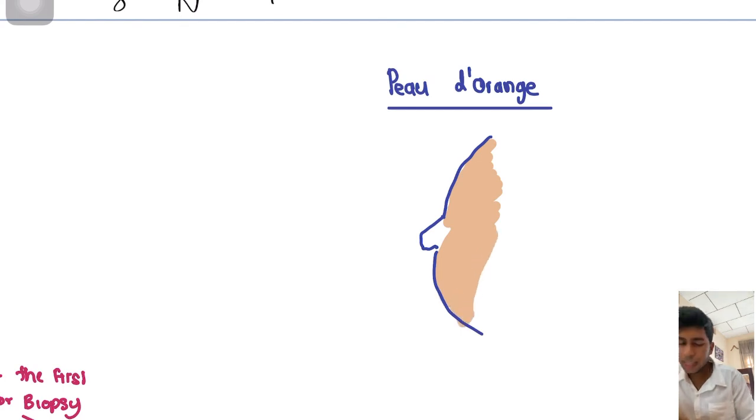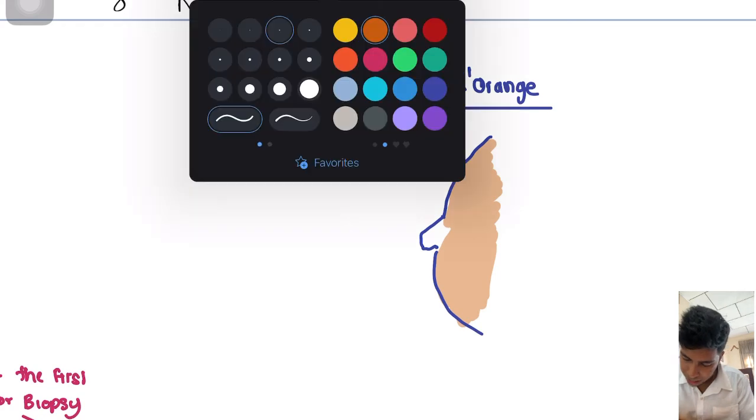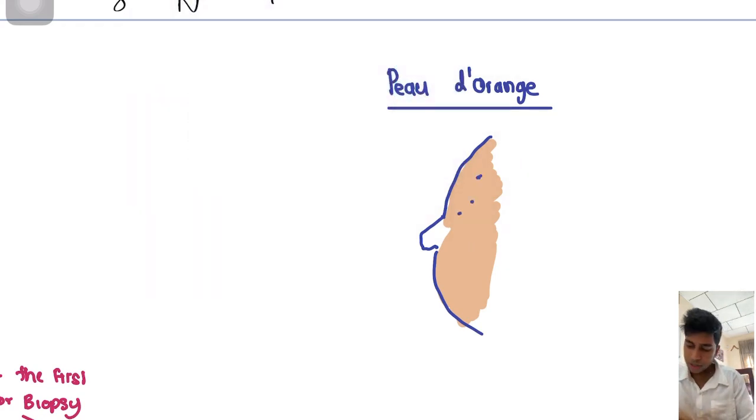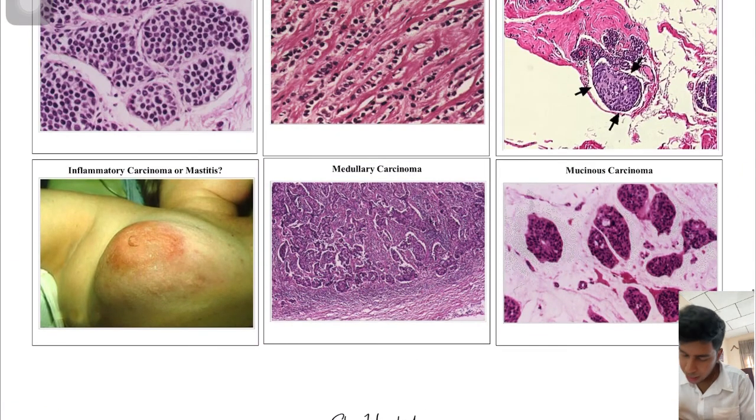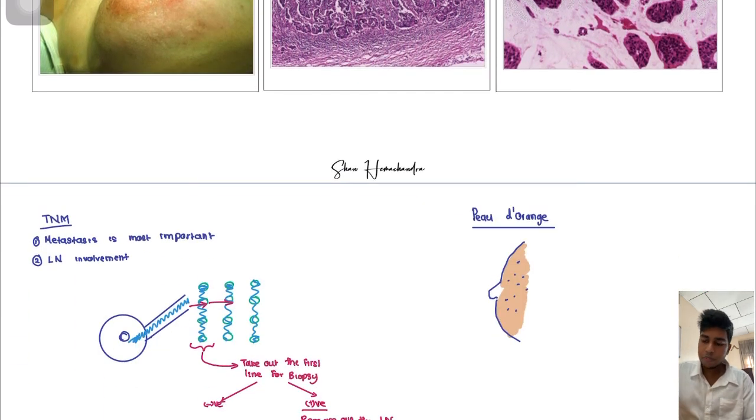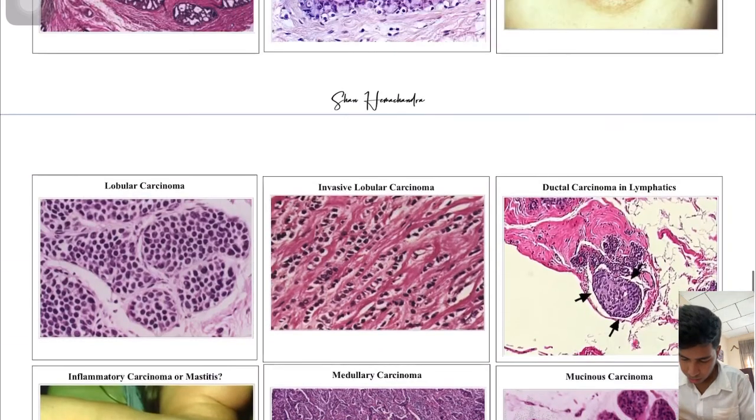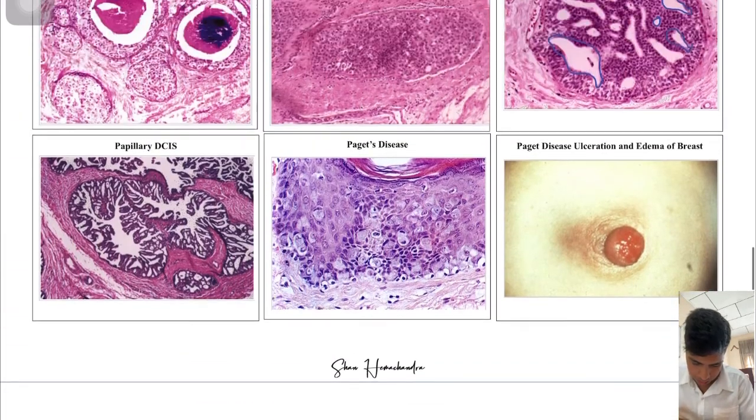It looks like an orange. Okay, the texture and everything, there's going to be dimplings. This is called peau d'orange, and usually you get it with edema in the breasts. You get it in different situations. Most seriously, it will be due to carcinomas. Okay, breast carcinomas.